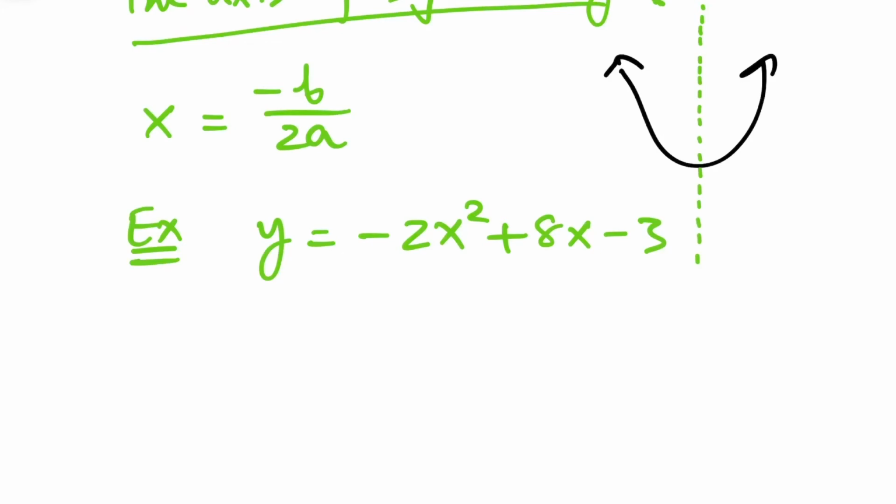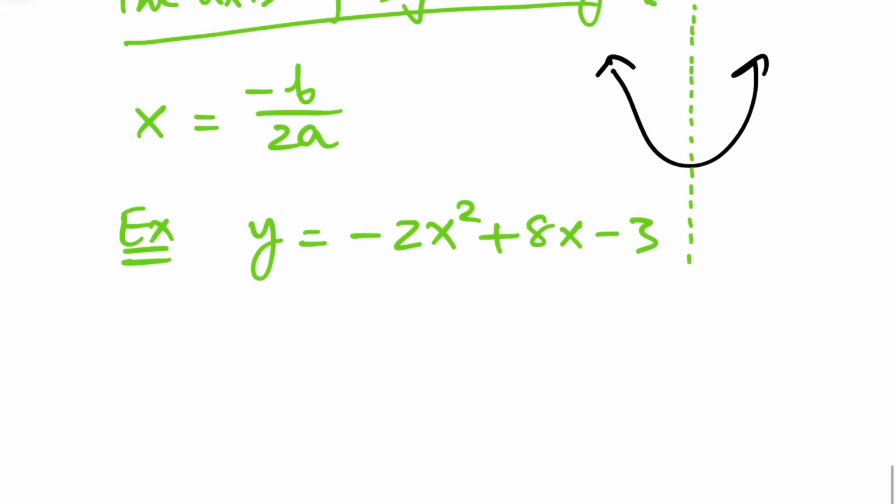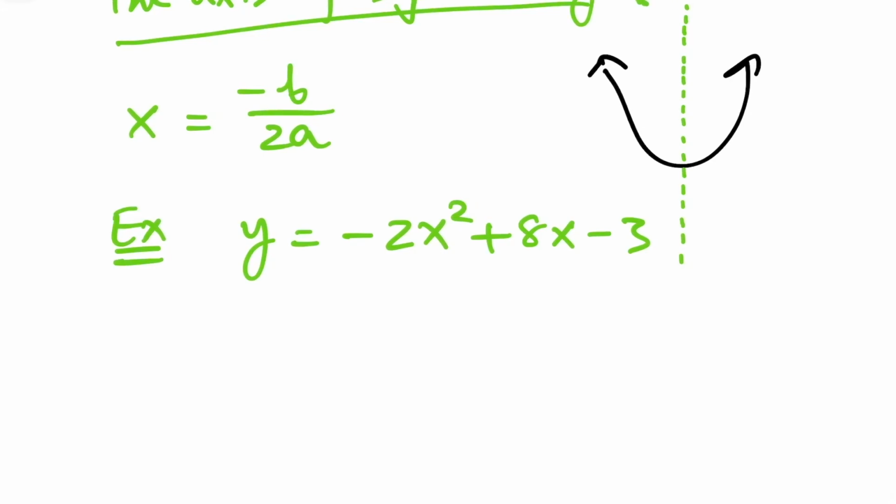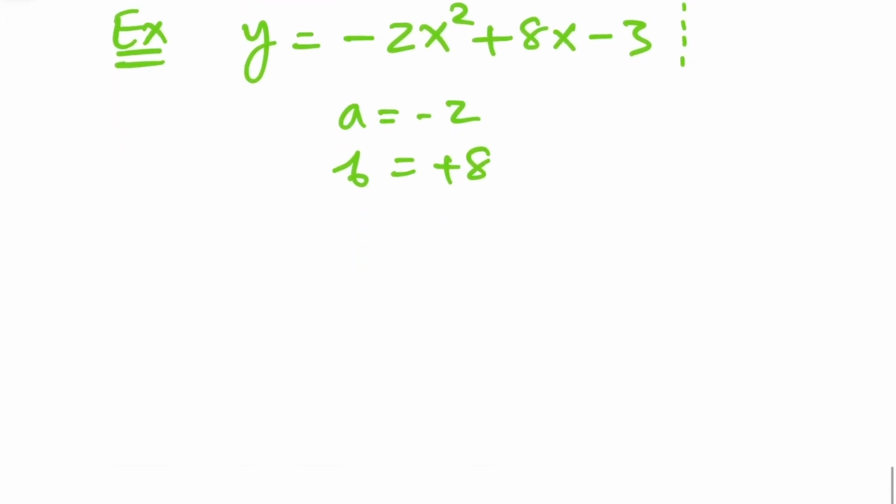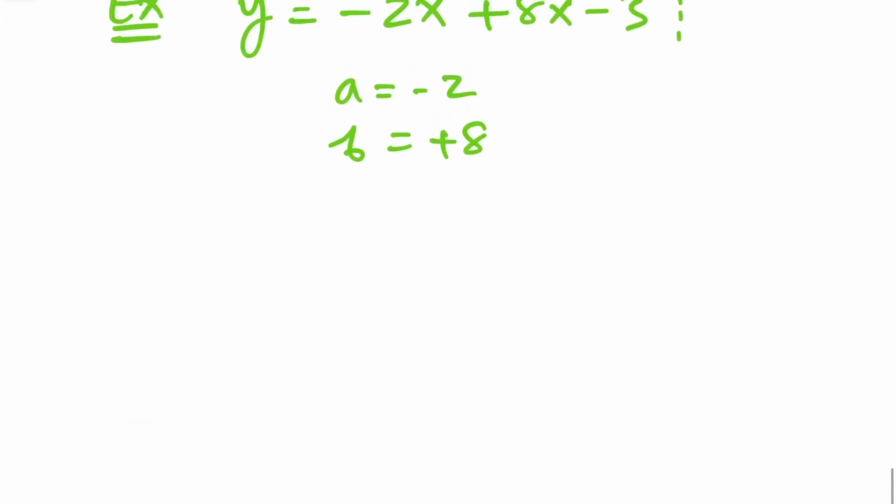So we can find the axis of symmetry of this specific quadratic equation. What we basically need is the a and b value. So a will be equal to negative 2 and b will be equal to positive 8.